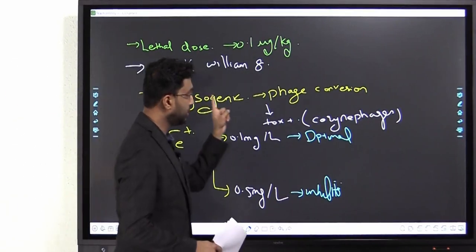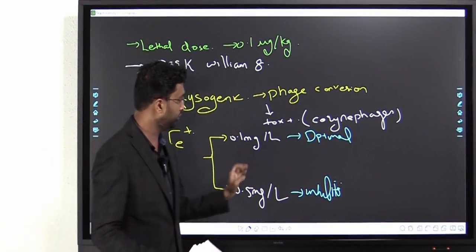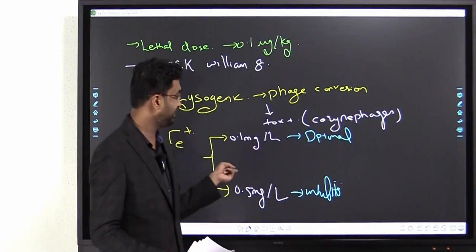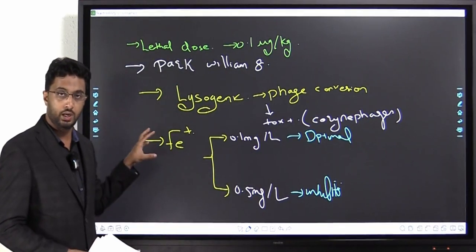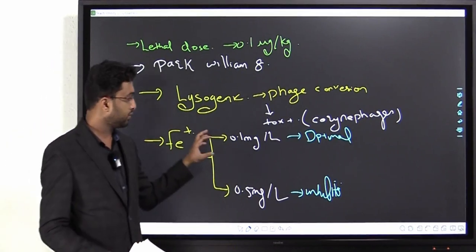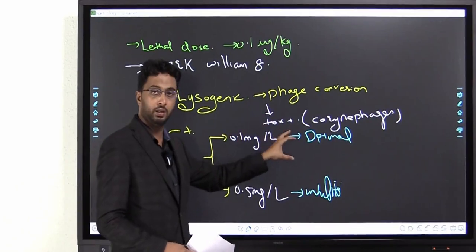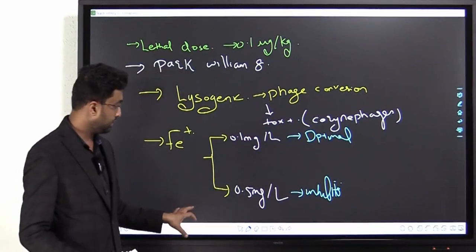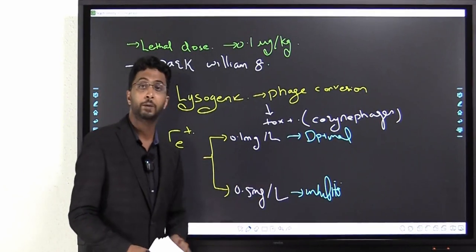Only lysogenic strains undergo phage conversion, and only then does toxin production occur, due to the presence of the tox plus gene. Iron concentration influences toxin production: optimal production occurs at 0.1 milligram per liter of iron, and it decreases if iron increases to 0.5 milligram per liter.